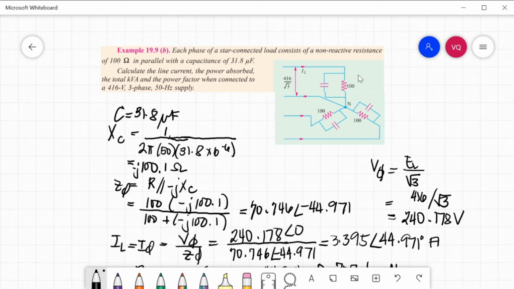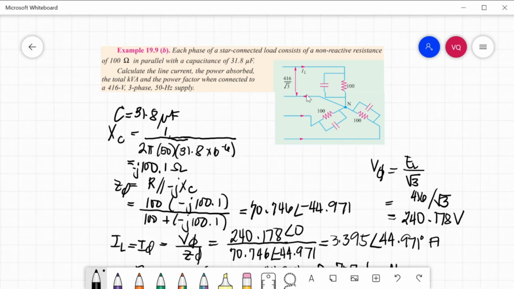We have a per phase load of 100 ohm resistance and a capacitor with a capacitance of 31.8 microfarad. They are in parallel. And then we have a line-to-line voltage of 416.